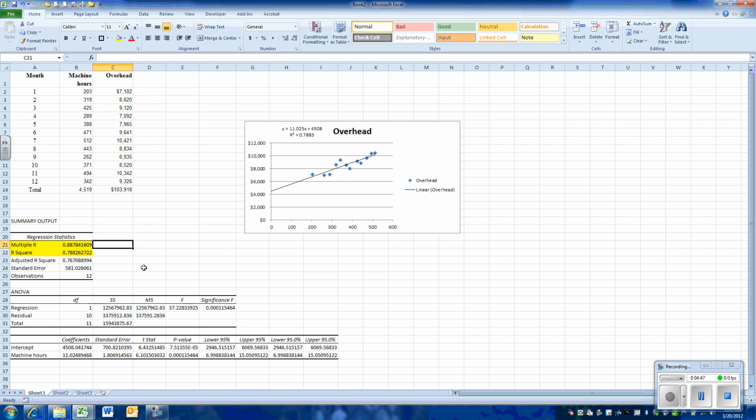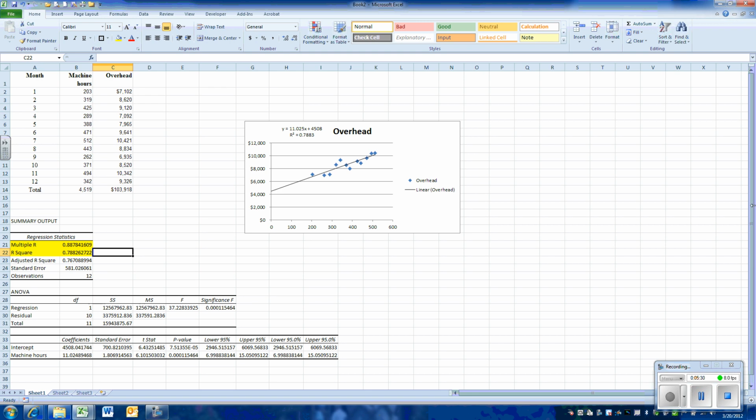And here we have a number of just about 89%, and that is a very good R factor. So we would say that there is a good relationship between manufacturing overhead cost and machine hours. And again, the R square says that the cost driver, machine hours, managed to explain about 79% of the variations in overhead cost.